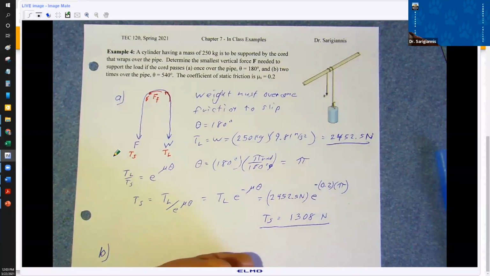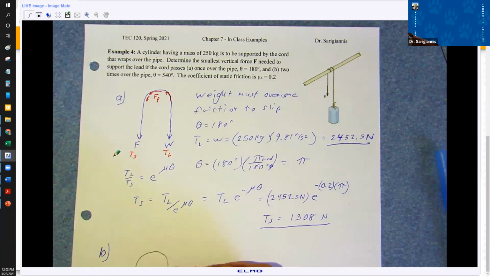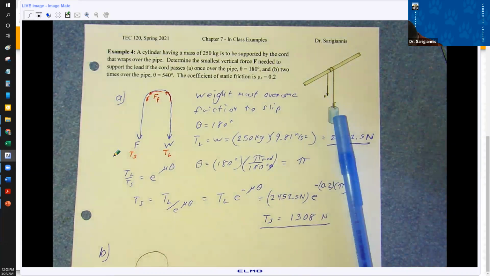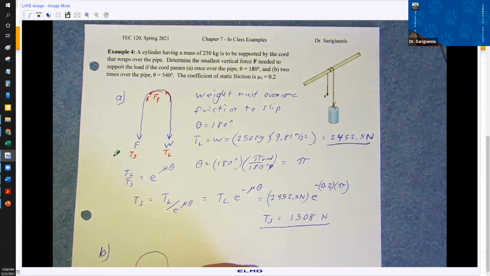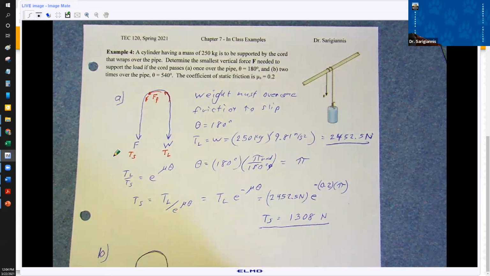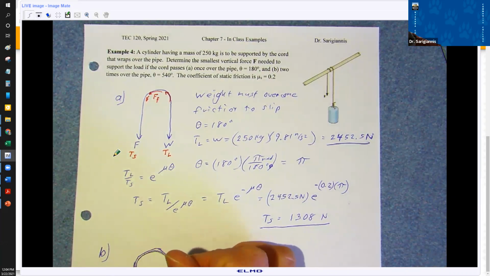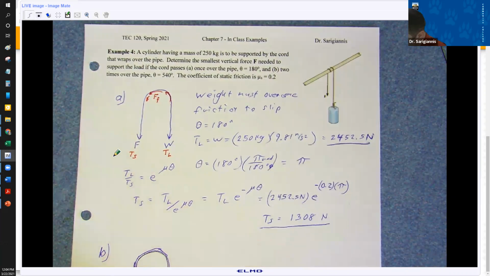So let's see. We've got a circle, and that's the pipe. And our cord is wrapped around it twice. So we've got one wrap, and then two wraps. This is supposed to be in contact.